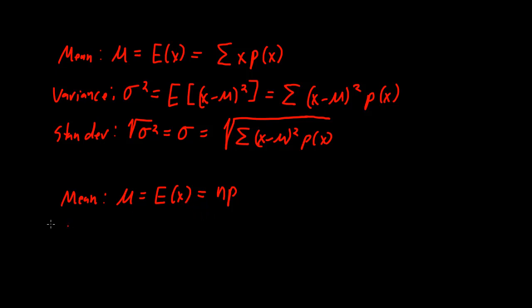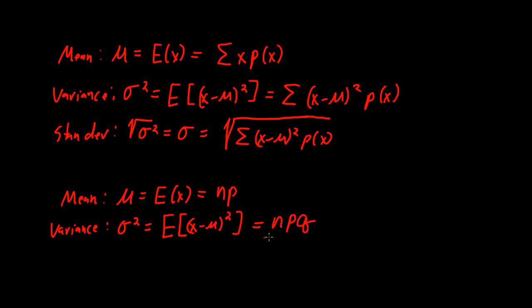We have a similar formula for the variance, so we can say the variance, which is again our sigma squared, is equal to our expected value of x minus mu squared, which is now just equal to n times p times our probability of failure, or q.